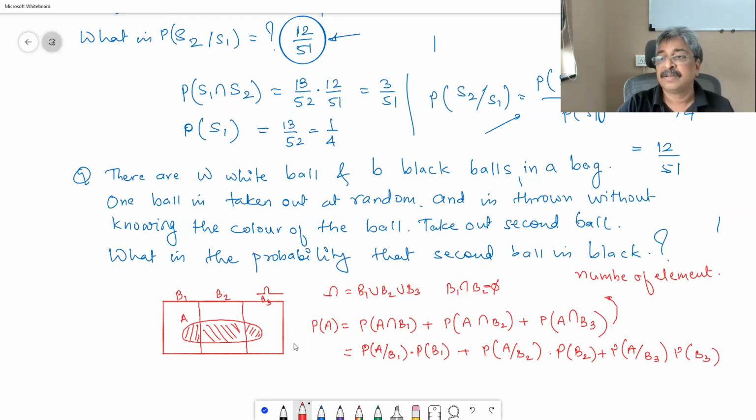And if there are n events in the omega space, mutually exclusive, collectively exhaustive, then these additions will be a sigma over all of them. This is called the law of total probability.